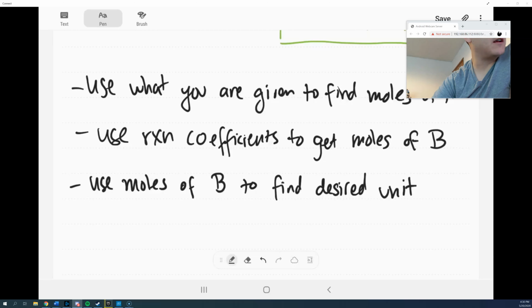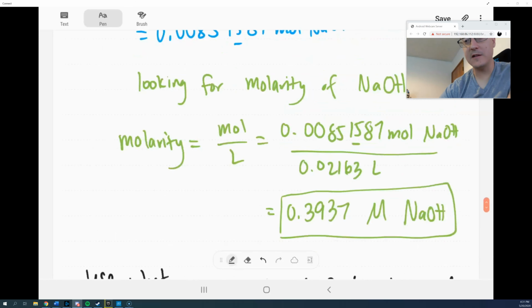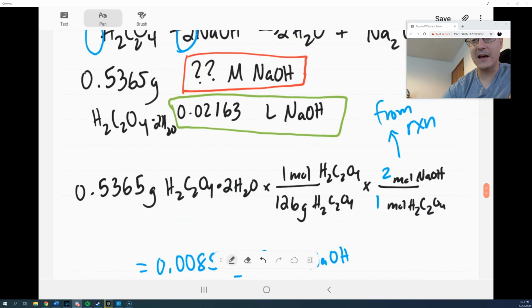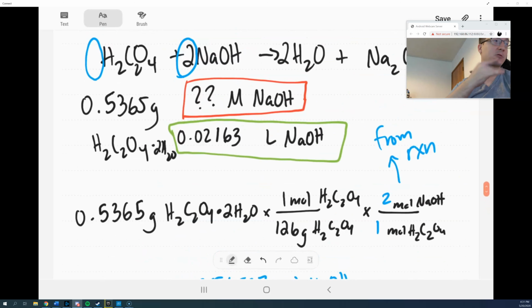Yes, for this one, Elsa, for your lab, because the solid that you would be using in this lab is a dihydrate, that would be part of your molar mass. But again, I'm not going to give you, on your exam, a hydrate as part of your reactants, because that's just silly. But in reality, you will often be dealing with hydrates, so that's why in the lab, in this case, you have it.